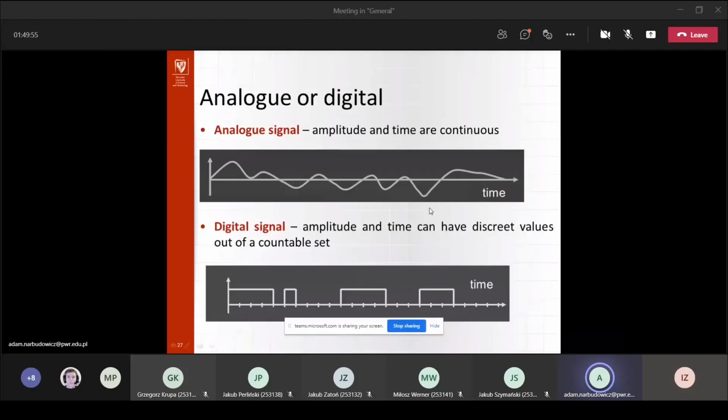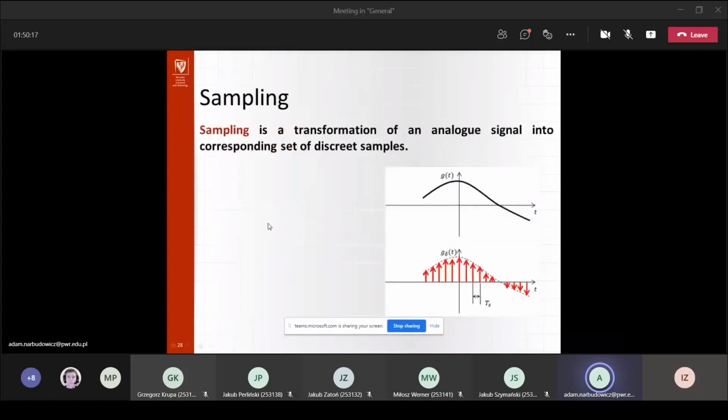Again, I hope this is more a repetition from signal theory. However, in our context, for the digital signal the important factor is that we need to discretize our signal not only with respect to different values, but also with respect to the time sampling. Okay. So how can we do this?